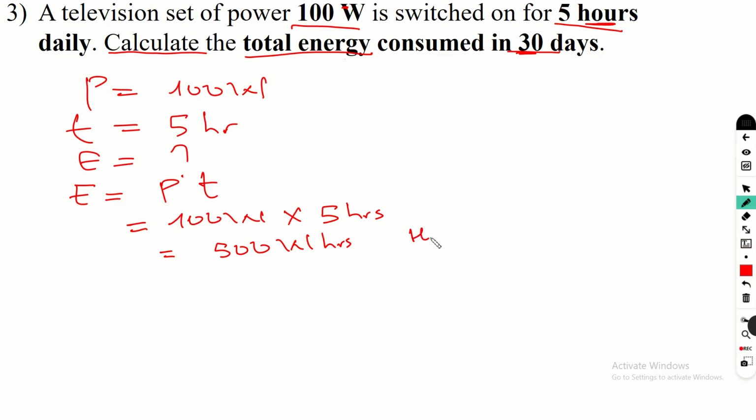This is for a day. Now they're asking you for 30 days, right? So this power, they just was switching 5 hours for a day. Now, how do you know it was for a day? This, daily. Now we want to calculate for 30 days. How much energy was consumed for 30 days?